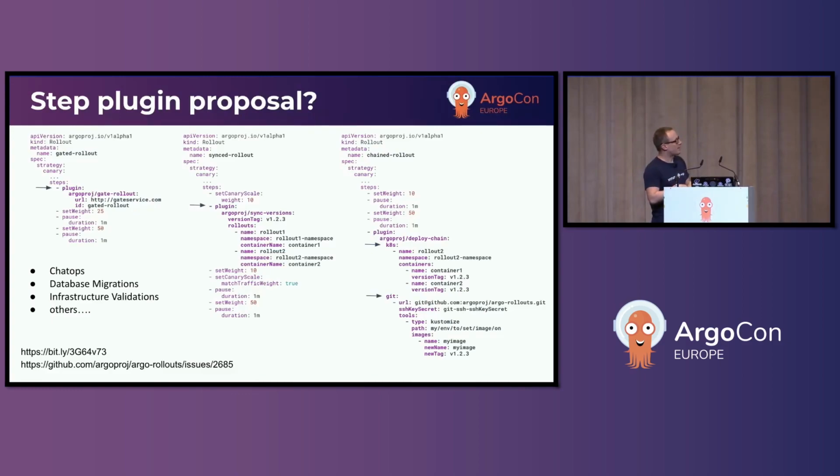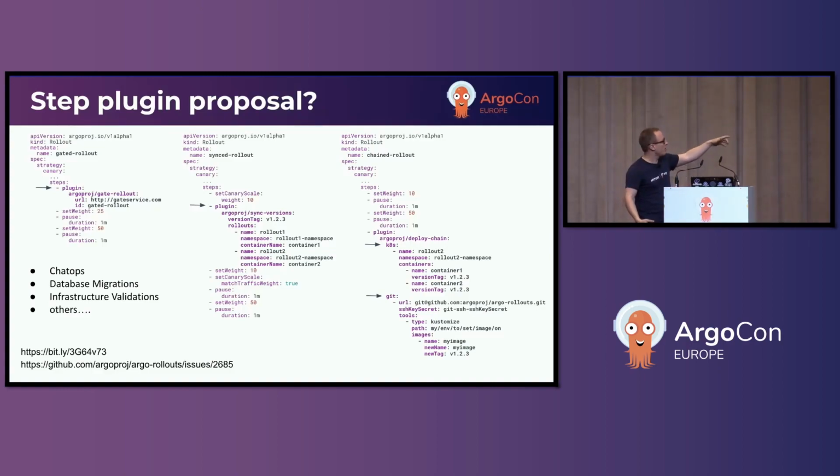My last example is a chained rollout, where there could be a plugin that, at the end of the rollout steps, you might be interested in promoting another environment, or deploying another dependent service. So in this particular setup, this plugin would support 2 modes of operation: Kubernetes direct call, which would make calls to the Kubernetes API and actually submit the new image to those lists of rollouts and update those containers.